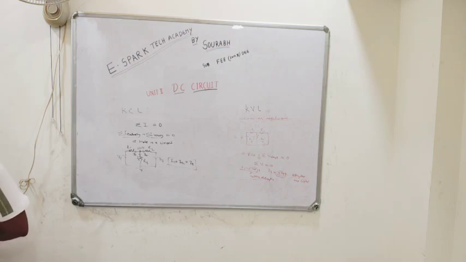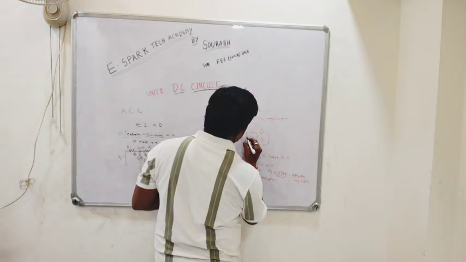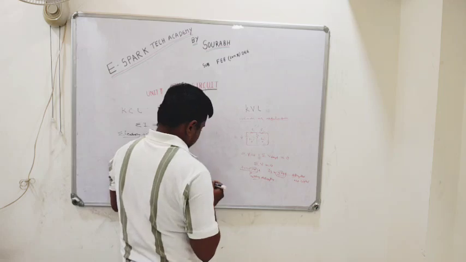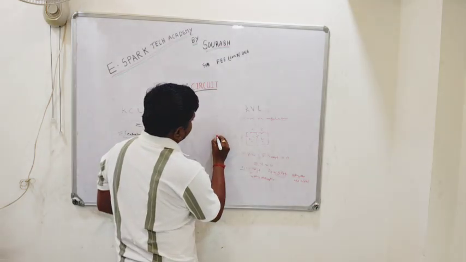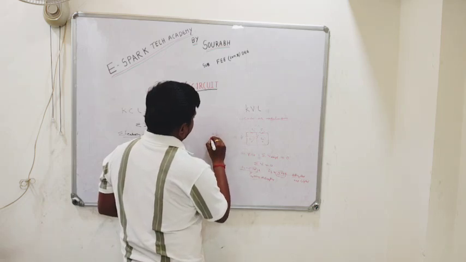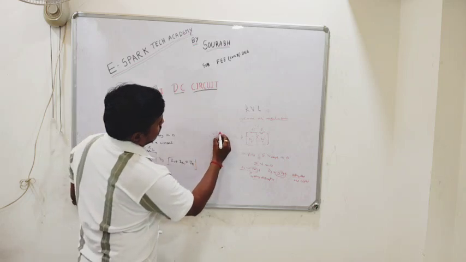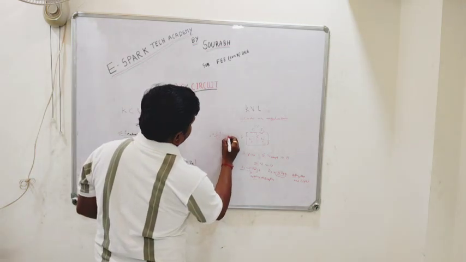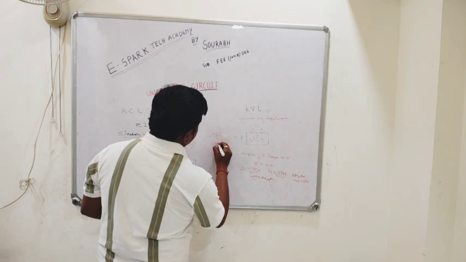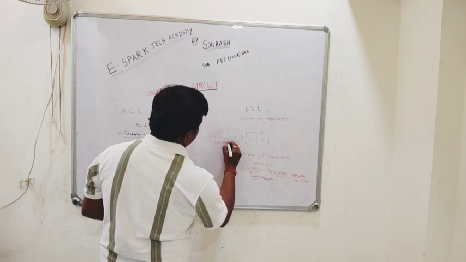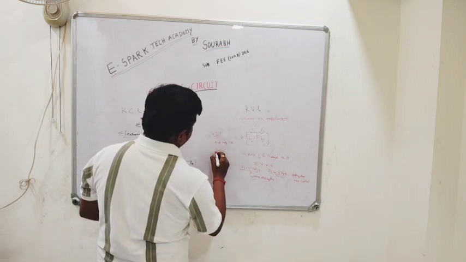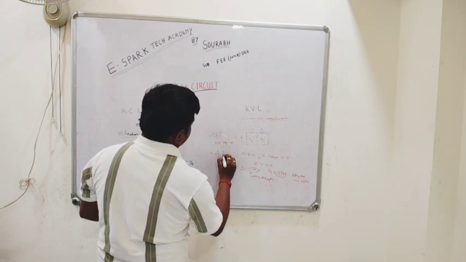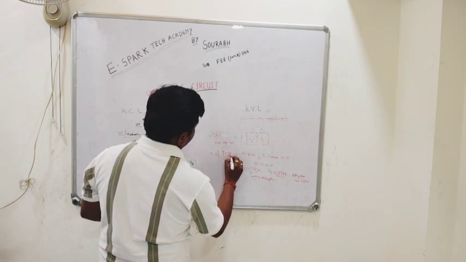When you are choosing the direction, when you are traveling from negative to positive, you will be taking it as positive voltage rise, and when you are traveling from positive to negative, you will be getting negative voltage, meaning that is voltage drop.